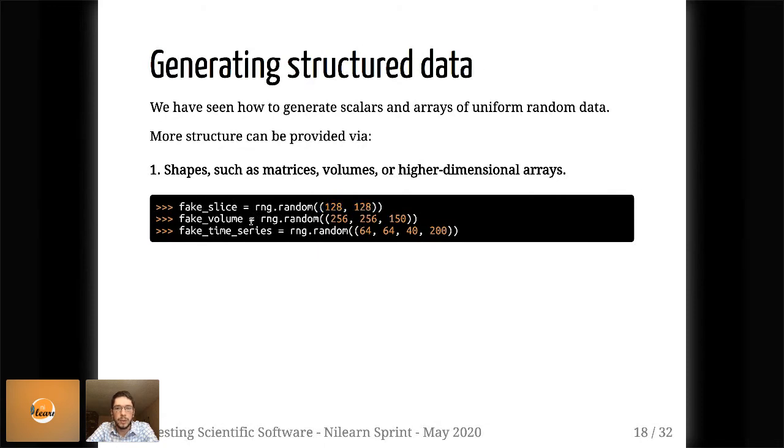If you want a volume, you may want to simulate something like a T1, 256 voxel square matrix and 150 slices. Or you might have a time series, which is going to have fewer voxels in each dimension, but it's going to have 200 time points, and so you have a 4-dimensional array.